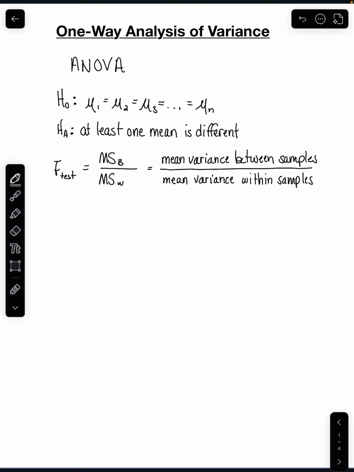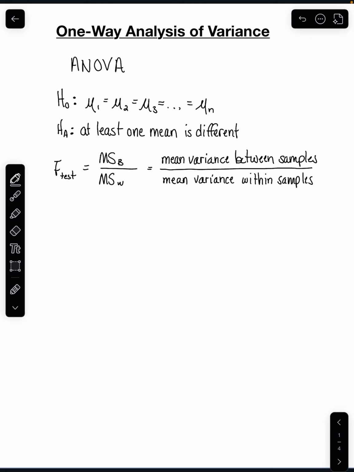Other words that are used for these sometimes are, instead of between samples, we may say the mean variance of the factor or treatment. And instead of the mean variance within samples, sometimes we say it's the mean error. These things do have some calculation involved with them.